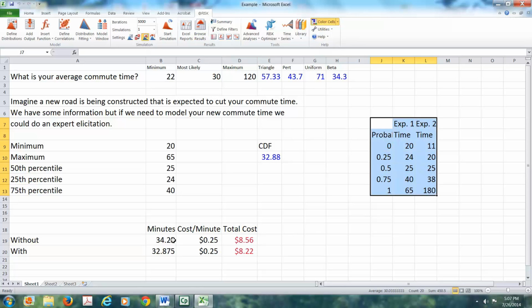Notice that for that very first distribution that we used down here, we didn't have to do an expert elicitation. We had some data, we had some non-parametric distributions, and we used the information that we had, we plugged it into those and came up with a distribution.